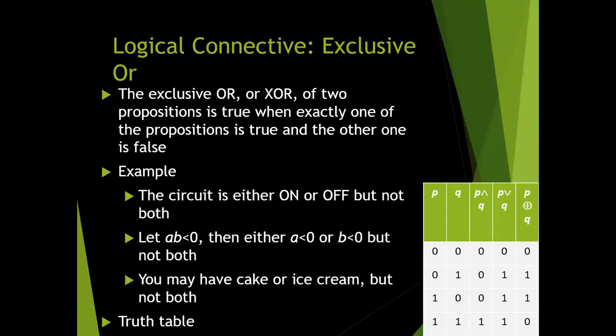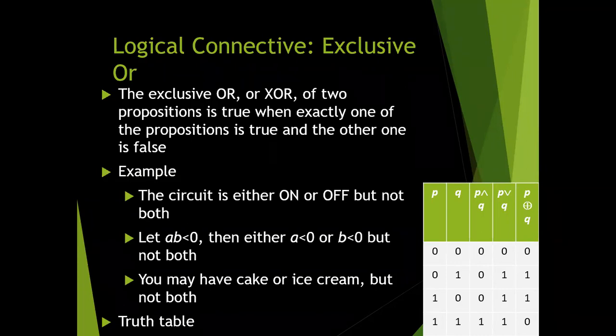Now let's see the definition first. The exclusive OR, the XOR, of two propositions is true when exactly one of the propositions is true and the other one is false. As we told you, for a true output we need one and only one proposition to be true.